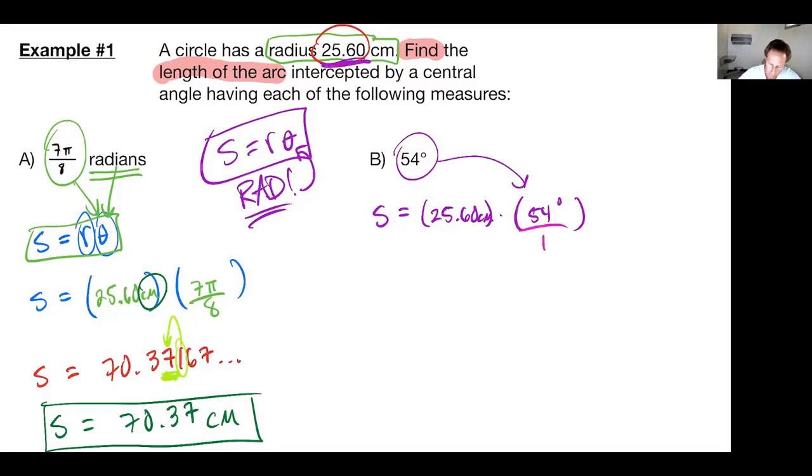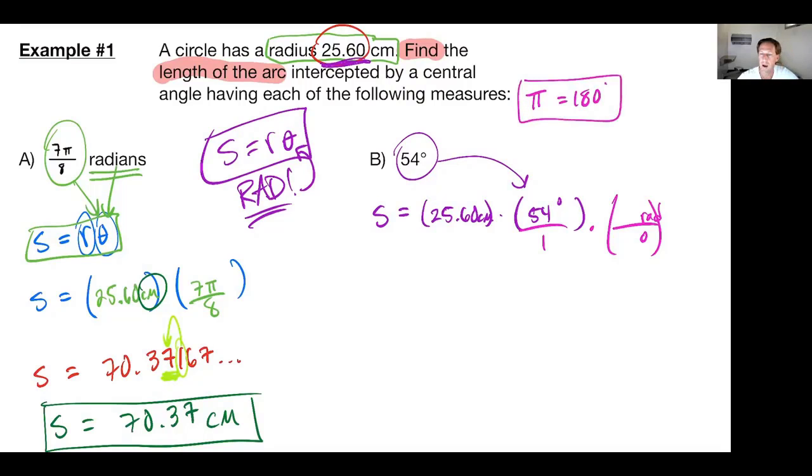You're going to have to take this and multiply it by, hopefully you remember, we can always multiply by what? That will never change the value of it, but maybe just the look of it. And that's a 1. So we're going to have to get rid of the degrees and change it to radians, which again, you don't need to put. But that relationship that I told you to memorize was that pi radians is equal to 180 degrees.